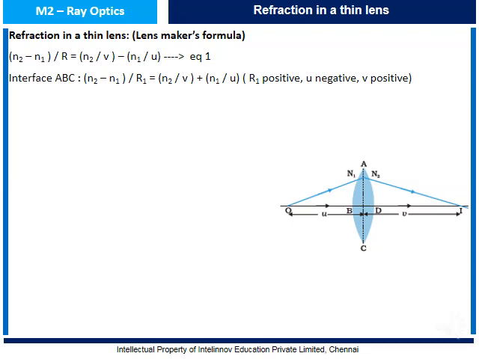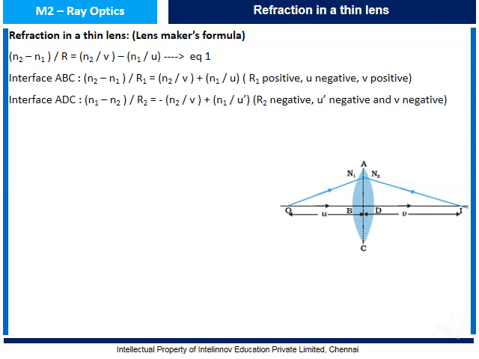That is, u is measured from the left side of the lens. However, at interface ADC, R2 is negative, u dash is negative. u dash is the object distance for the interface ADC.